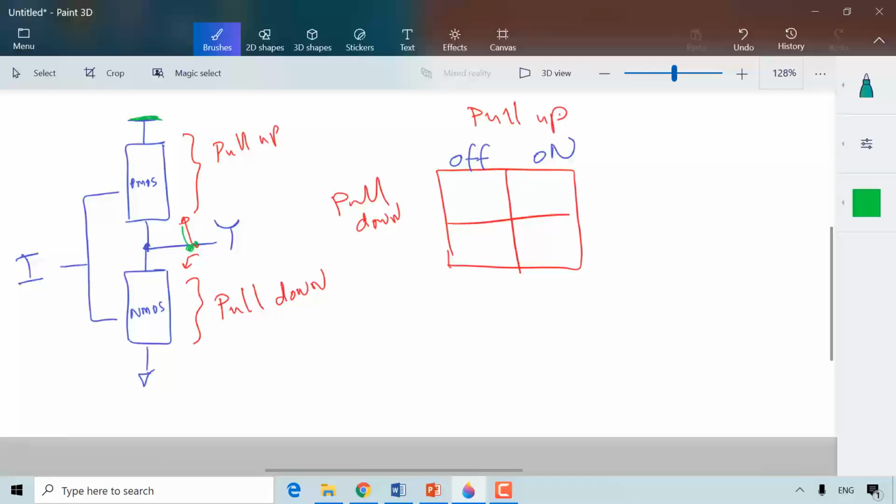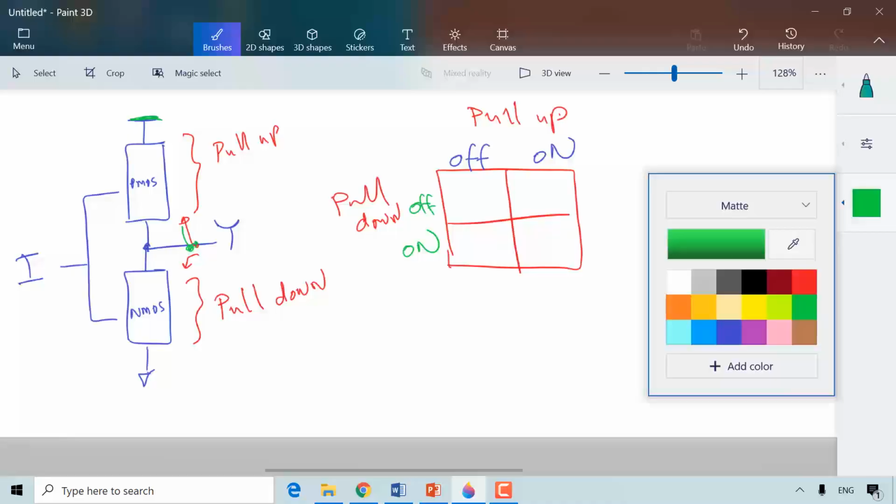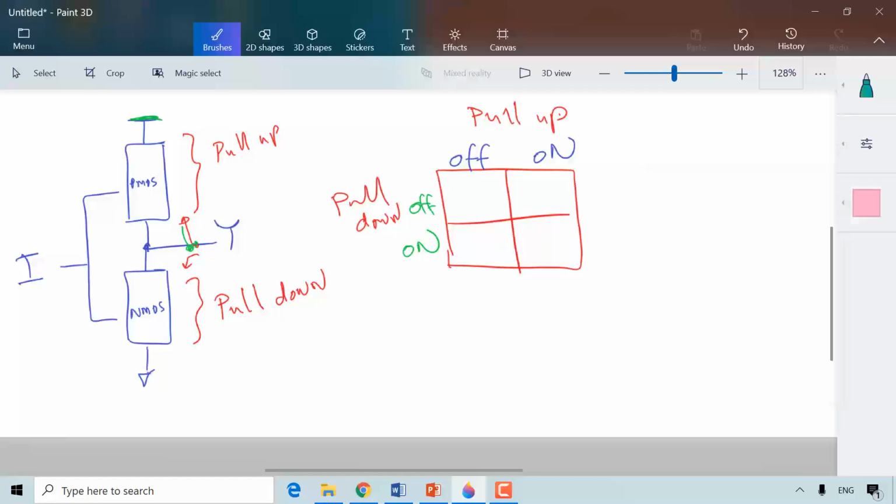Similarly, the pull-down can be off and it can be on. Again, what's the definition of on? It means that I have a path from the output to the ground, and in this case I say that the pull-down path is on. Otherwise, if there is no path, I'll say it is off.